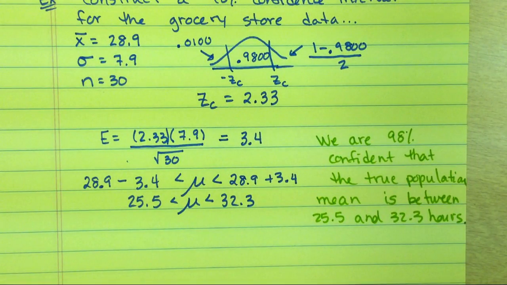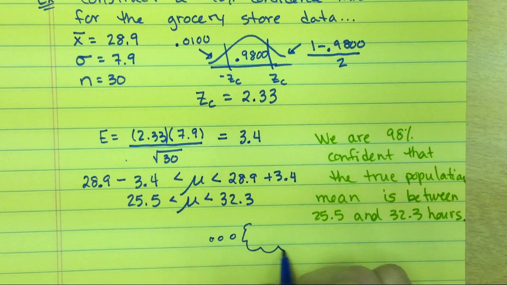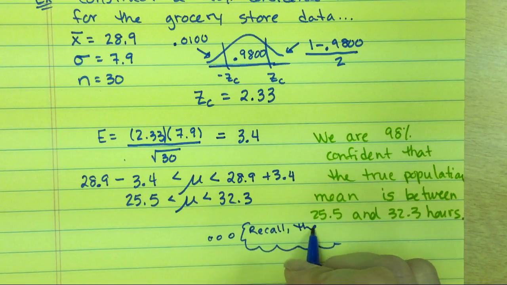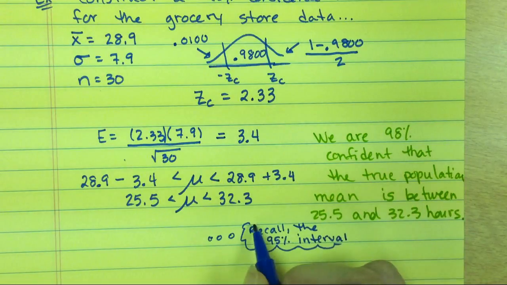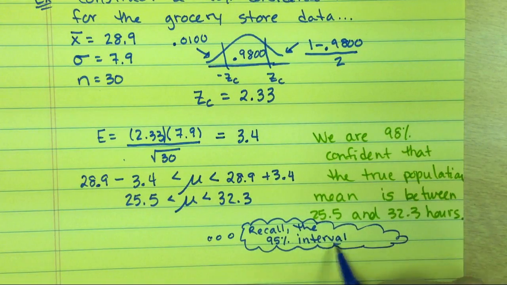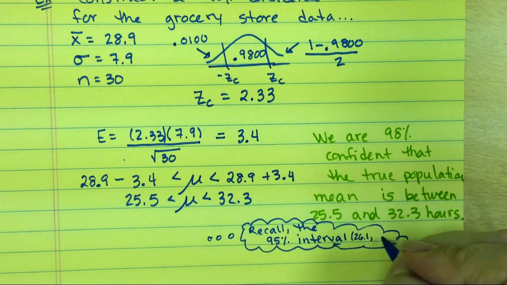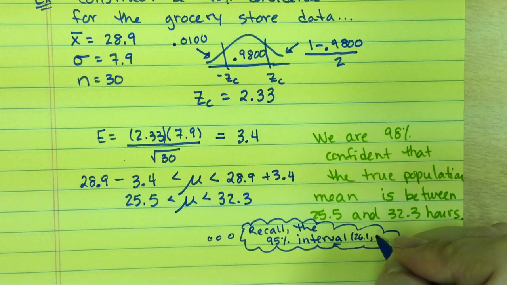Oh, remember that before we had a 95% interval. So thinking back to our other problem, recall the 95% interval. So if you flip back to your other page, the 95% interval was from 26.1 to 31.7.